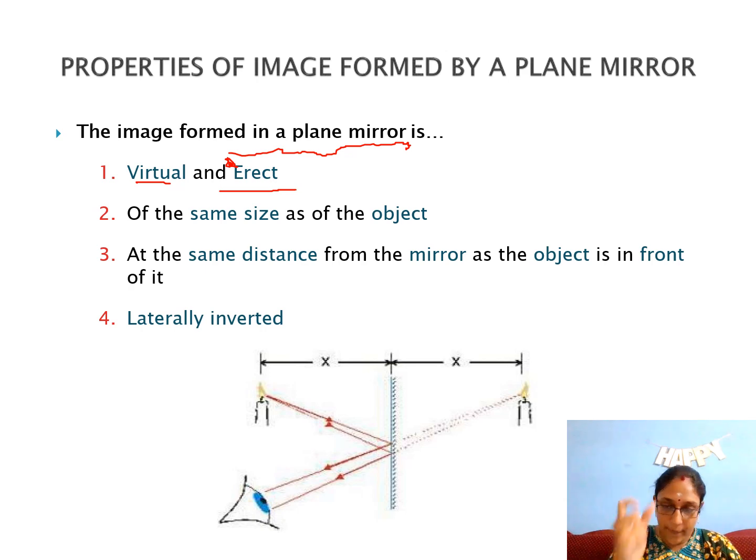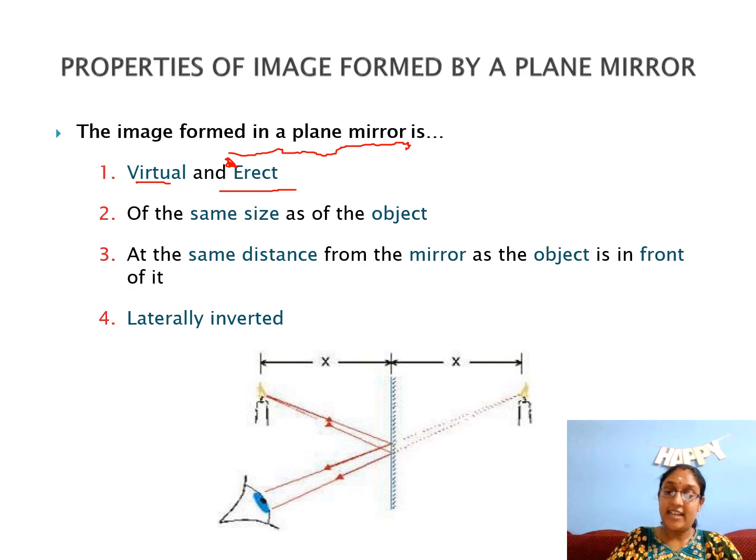In optics, an erect image is one that appears to be upright. You can see very well from the candle.